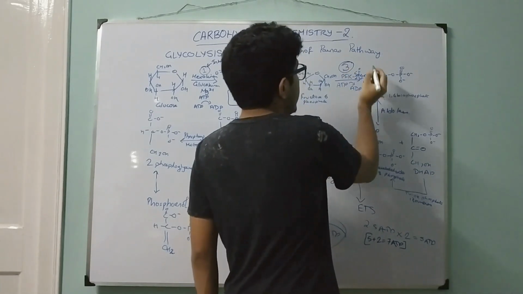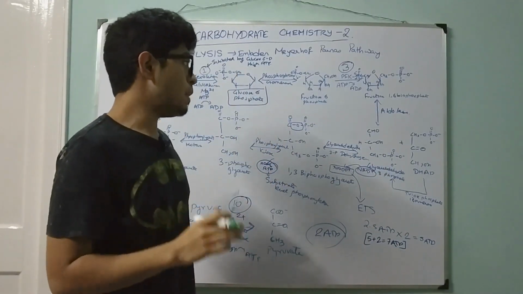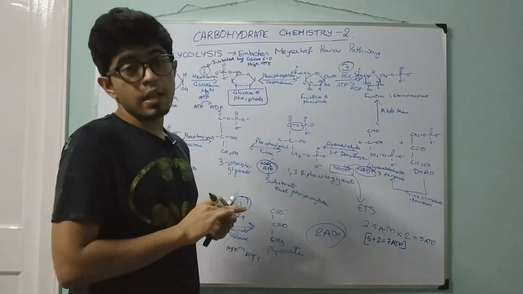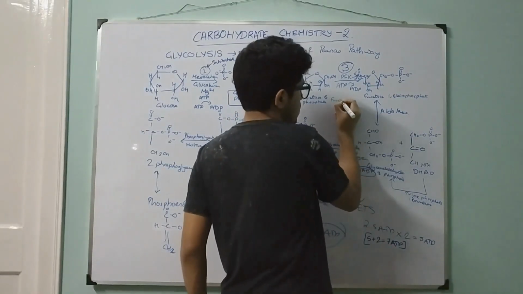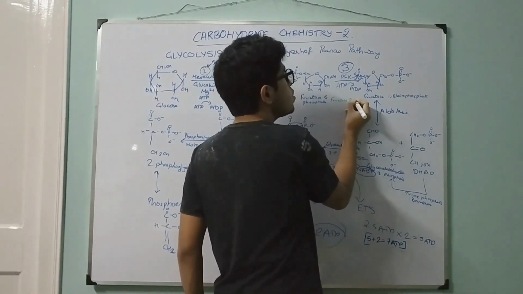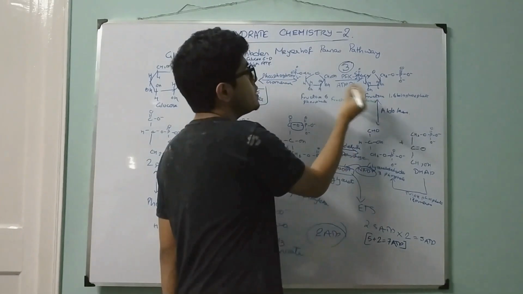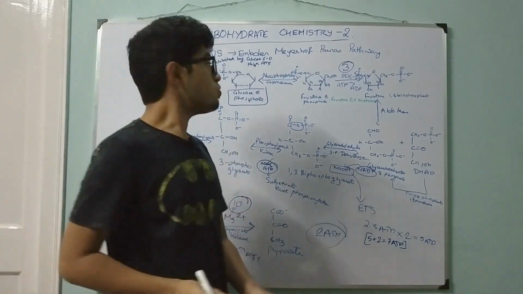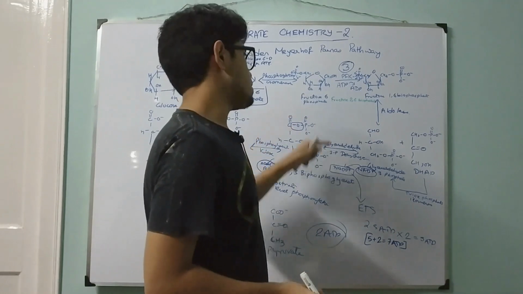So, for phosphofructokinase 1, the allosteric regulator is a product called fructose 2,6-bisphosphate, which is formed with the help of the enzyme phosphofructokinase 2 from fructose 6-phosphate.